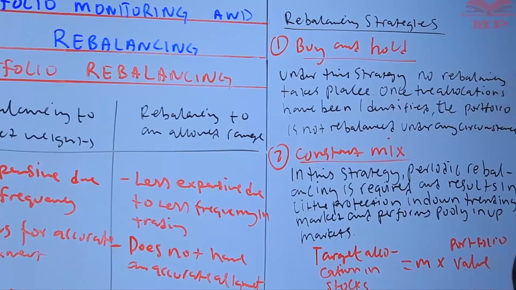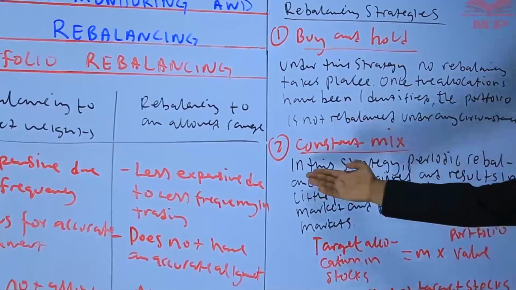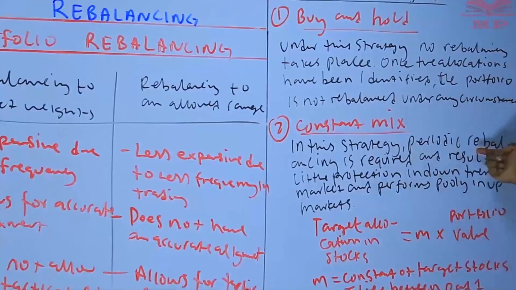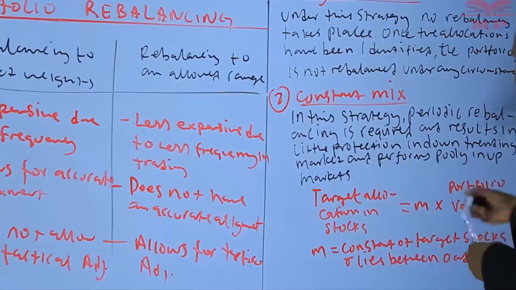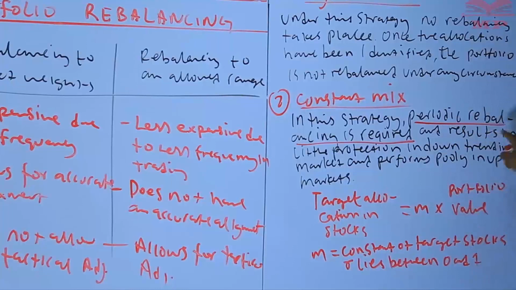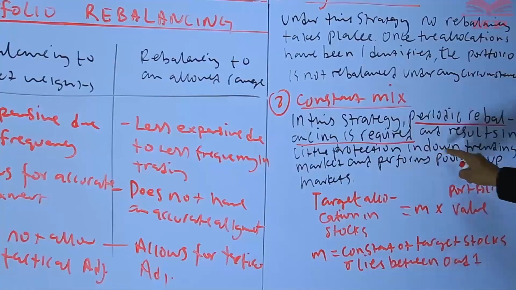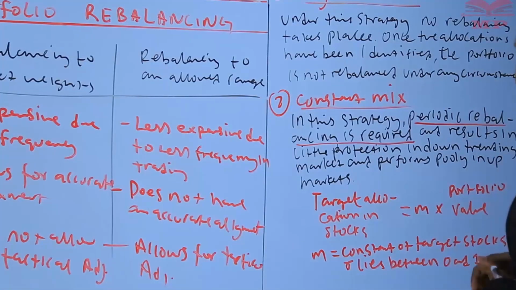So having looked at the constant mix, we can see that in this strategy, periodic rebalancing is required. The keyword there is periodic rebalancing. It results in little protection in downtrending markets and performs poorly in up markets.